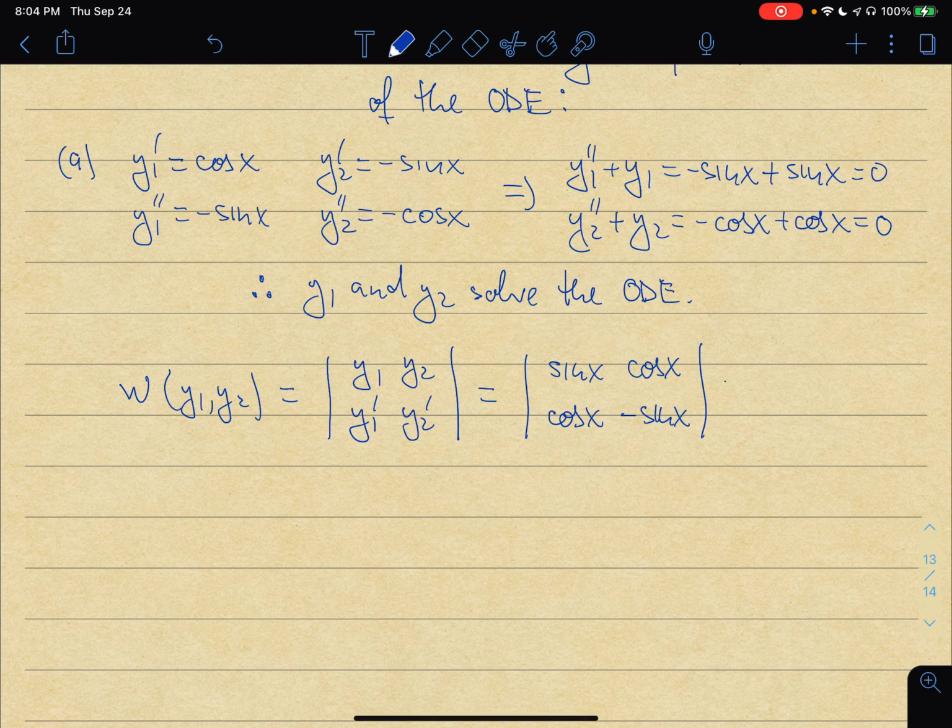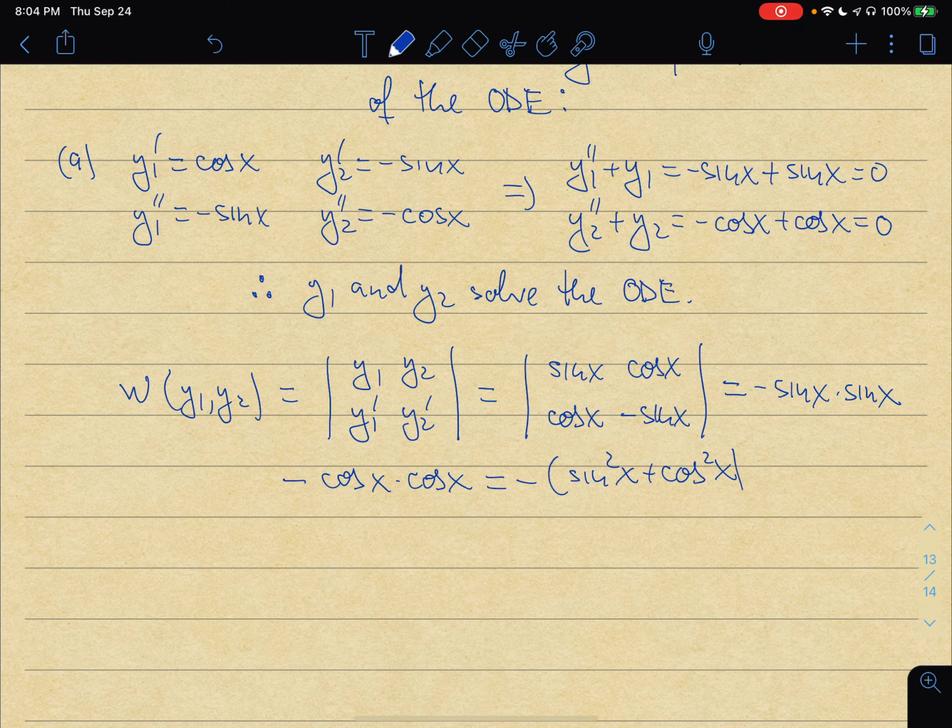We have to evaluate the 2 by 2 determinant. So sine x times minus sine x, the product of elements on the main diagonal, minus the product of elements on the secondary diagonal, so cosine x times cosine x. So what is that? That's minus sine square of x minus cosine square of x, which is minus 1, never equal to 0.